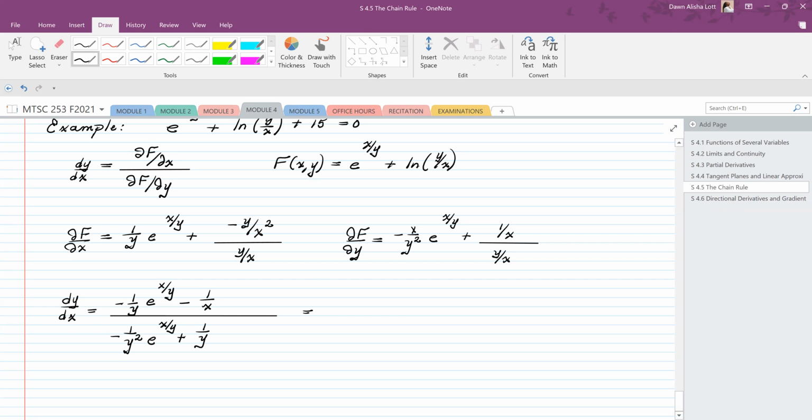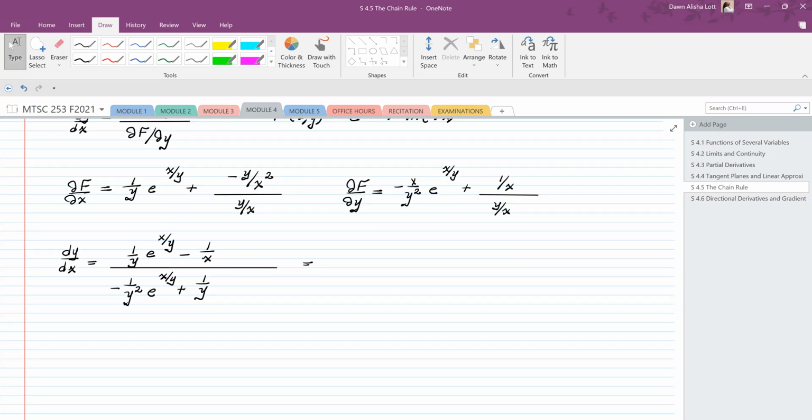Nope, this one is not negative. Okay, something is wrong. It doesn't matter, that's the answer. I can multiply by x y squared, but that's the answer.